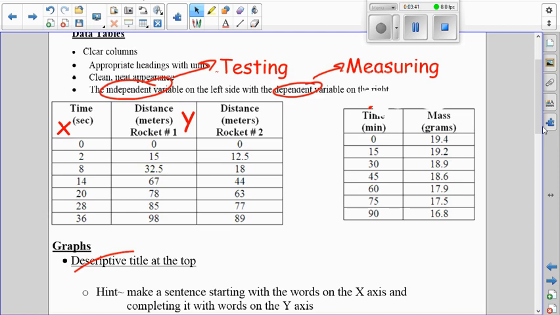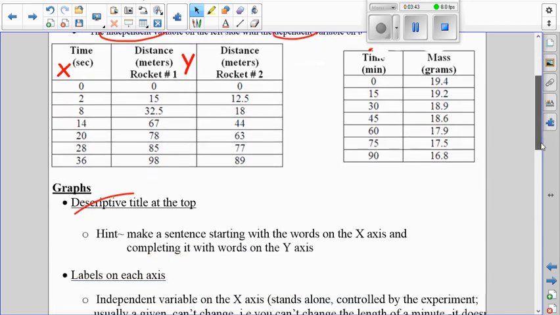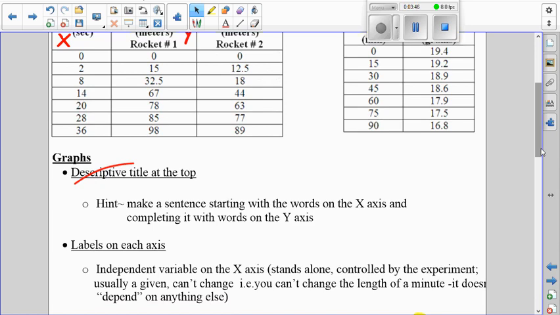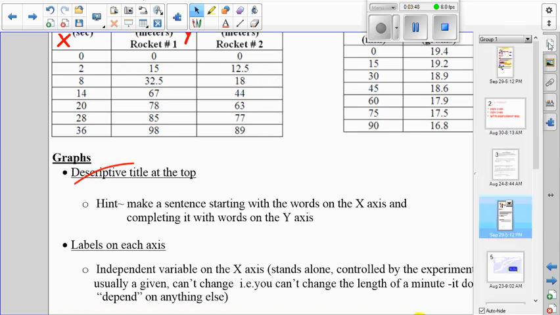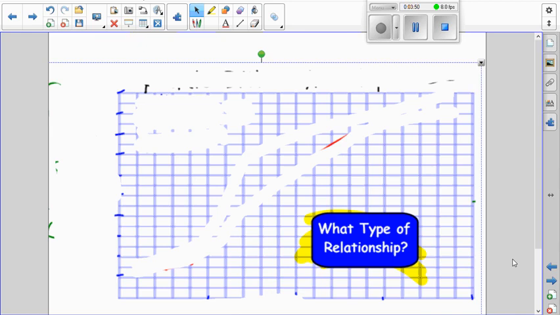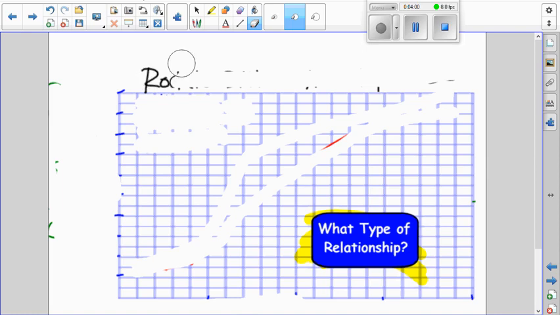Does that make sense? So the very first thing says, give me a descriptive title at the top. All right, sweet. This does not have to be winning a poetry slam contest, okay? I would include something about your independent variable and your dependent variable. You do not have to have this exactly, but I wrote something like, I don't know, rockets distance traveled per second.